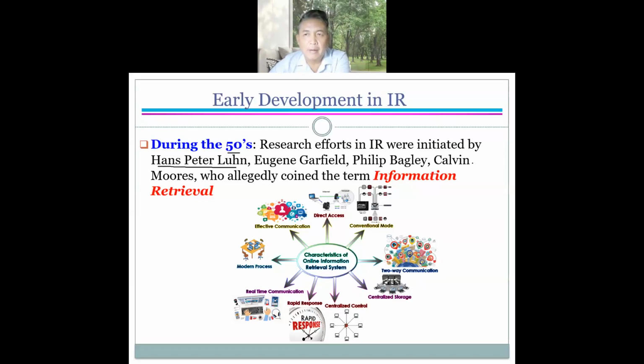All these people coined the term information retrieval. We are looking at how we store them, how we retrieve the document, how we get access in real time, and many more. These are the people who put in effort during the 50s.